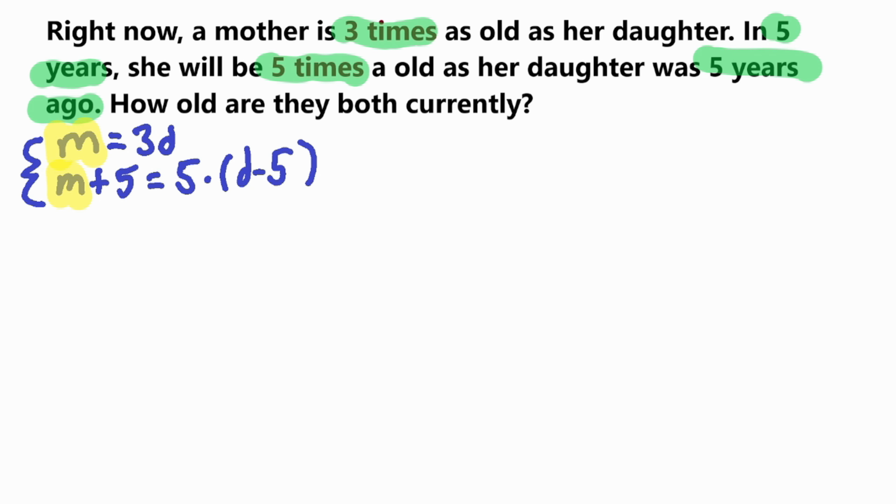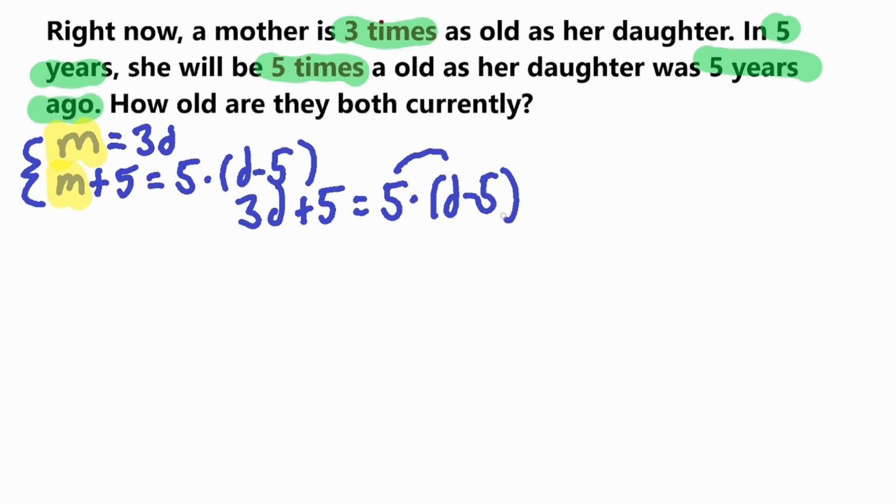So let's do exactly that. So first thing that I'm going to do to simplify is distribute this 5 into the parentheses here since it's being multiplied. So we have 3D plus 5 is equal to 5 times D is 5D minus 5 times 5 is 25. So now what I want to do is get the variables both on one side and then the non-variables on the other side.